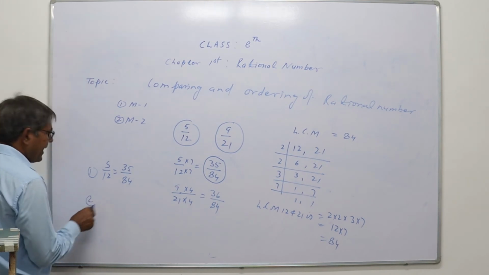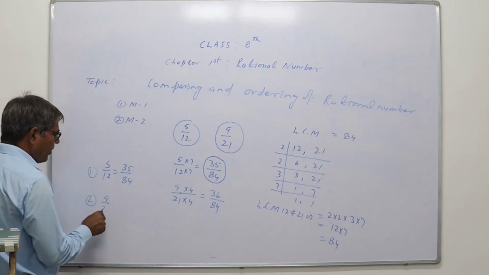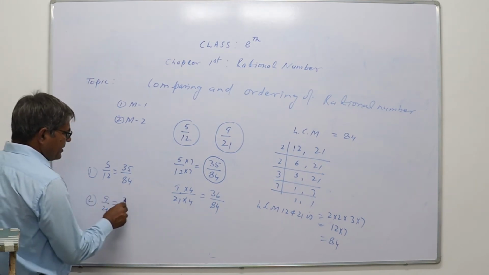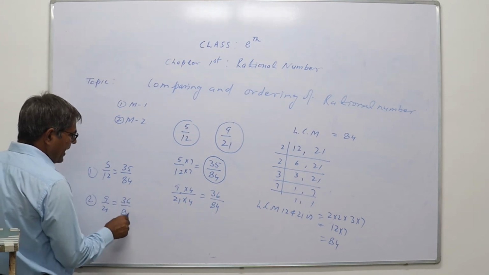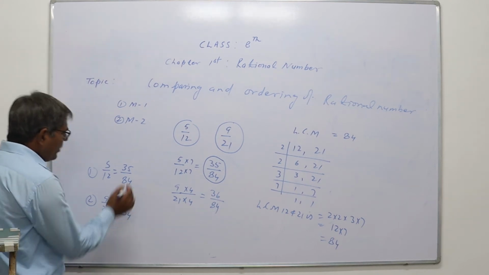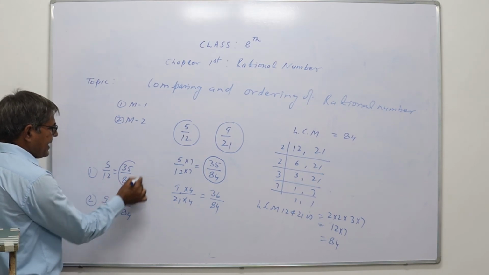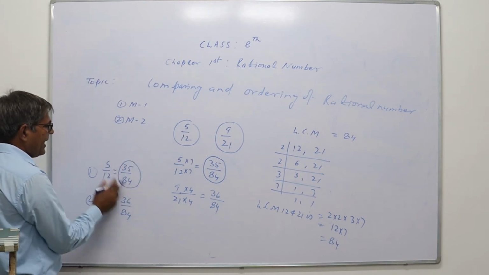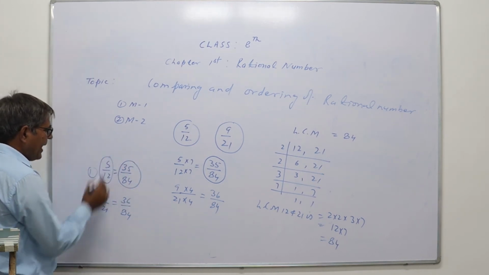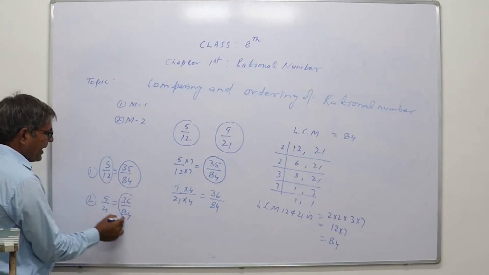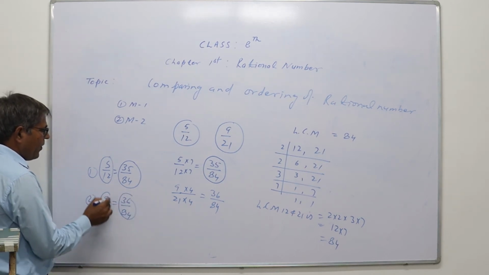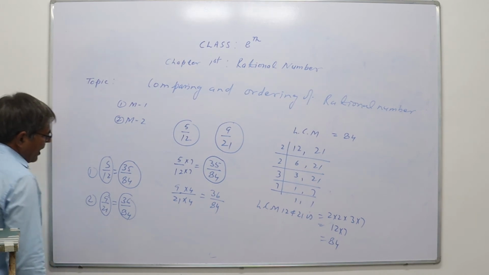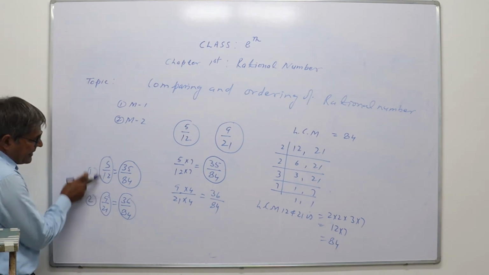So the equivalent rational number to 9 upon 21 is 36 upon 84. Now 35 upon 84 is equal to 5 upon 12 and 36 upon 84 is equal to 9 upon 21. Now we have to compare these and see which one is greater.